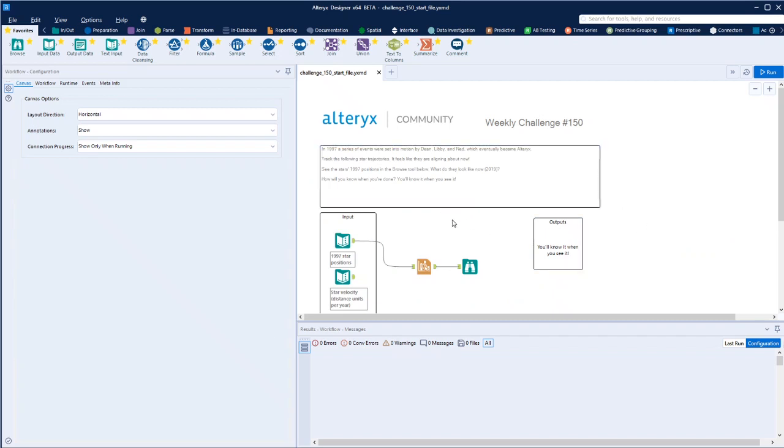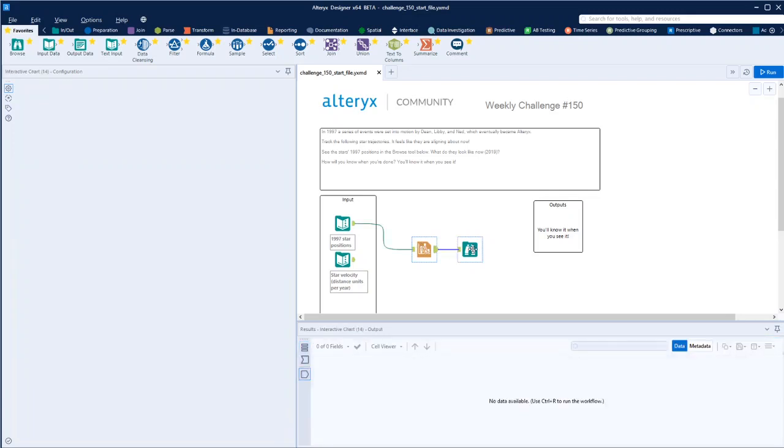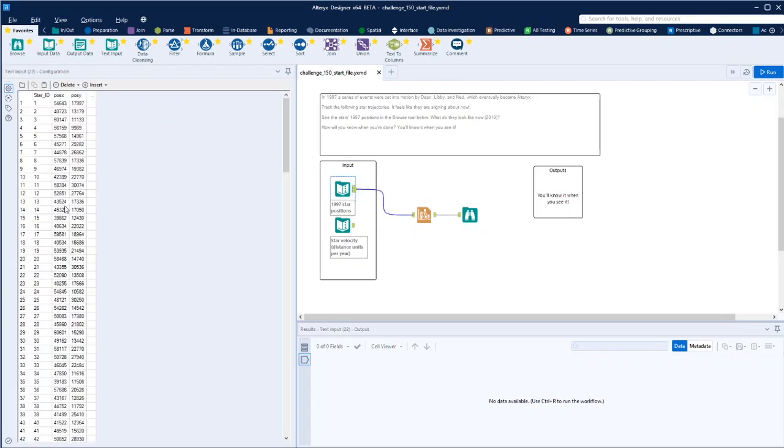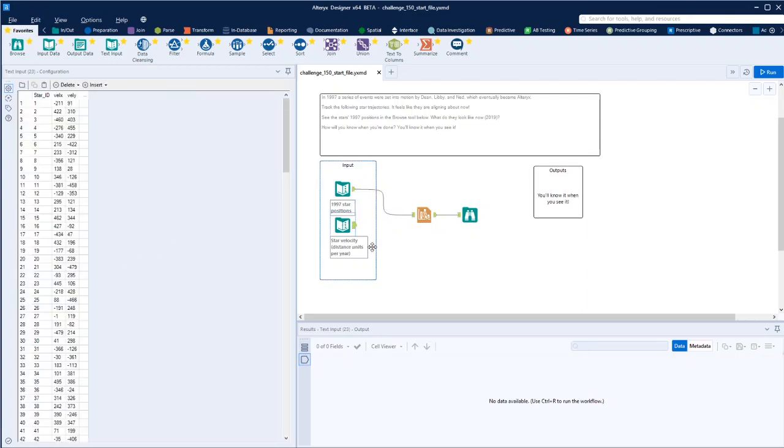Okay, so this is a highly unusual start file in that it's got a couple of tools already on the canvas. We've got an input, which is the position of the stars, and an ID by the looks of it, and then star velocity, so distance units per year. Here's the star ID again, and then the velocity per year.